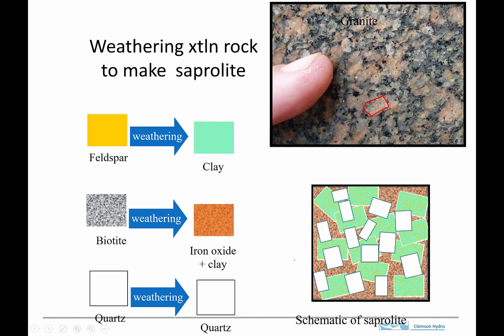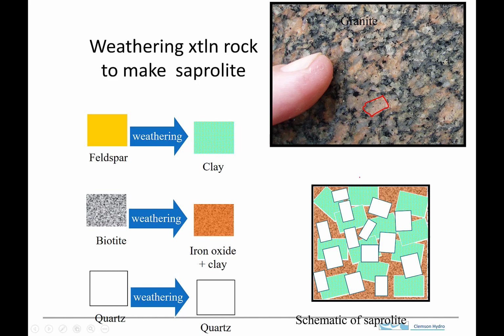So these change. The feldspars weather to clay, and the biotite weathers to iron oxide. And so now you have material that started out looking like granite, and now it's saprolite, and it still has the same fabric that it started with, but the minerals have changed.